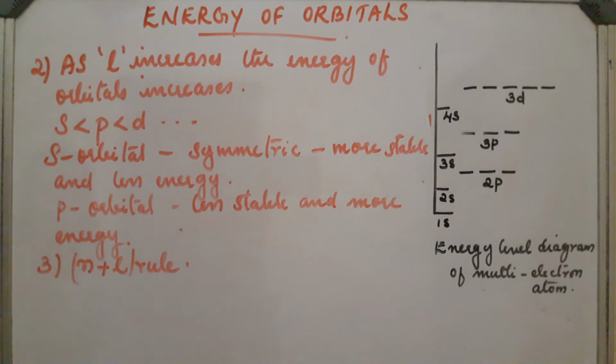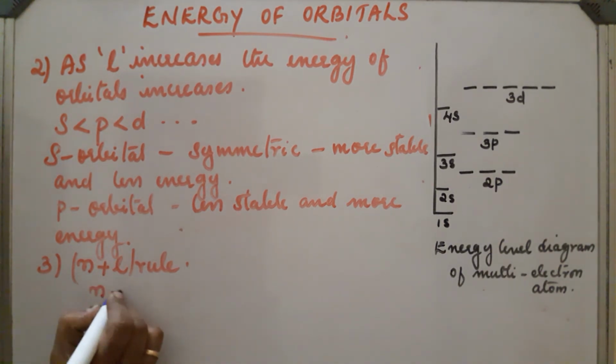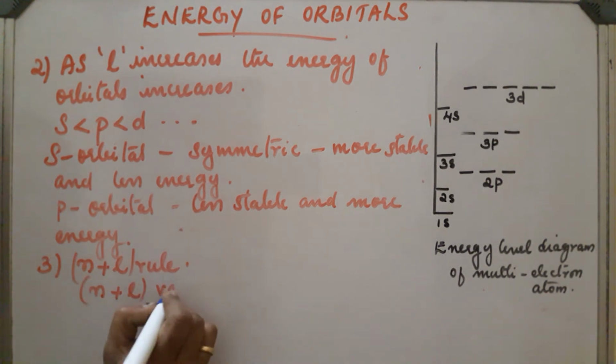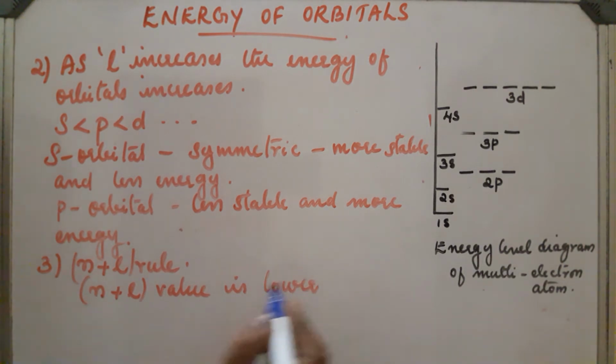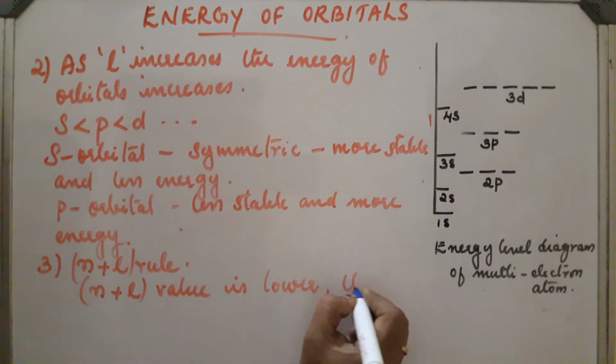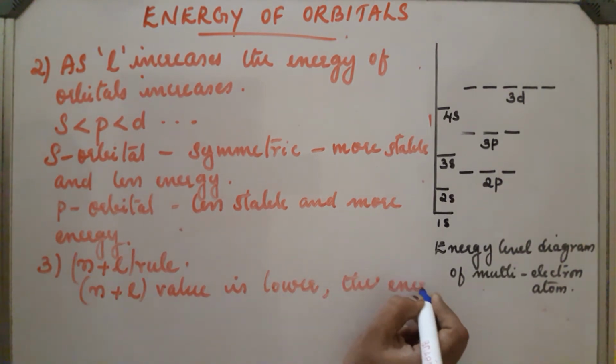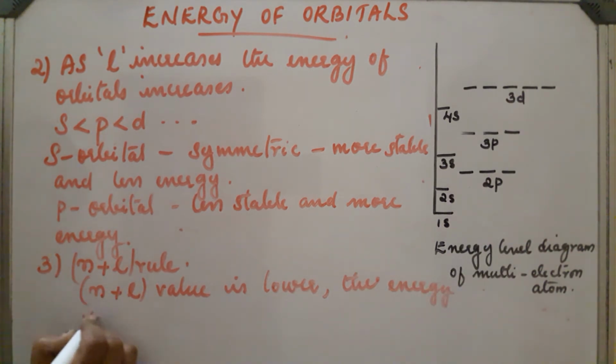The energies of different orbitals are arranged according to the n plus l rule. The rule says that if the n plus l value is lower, the energy is lower.